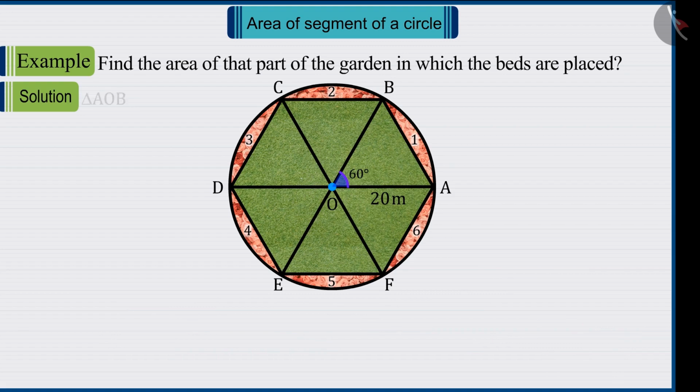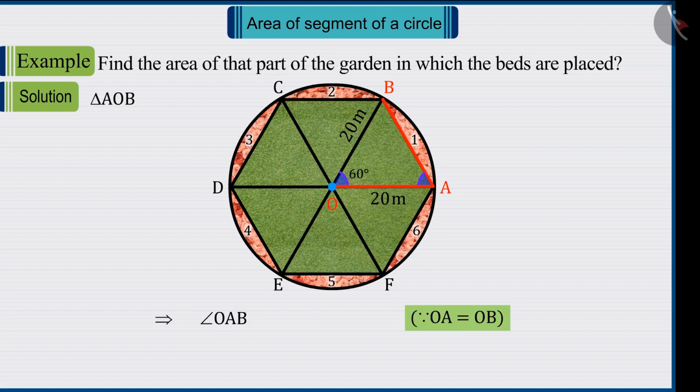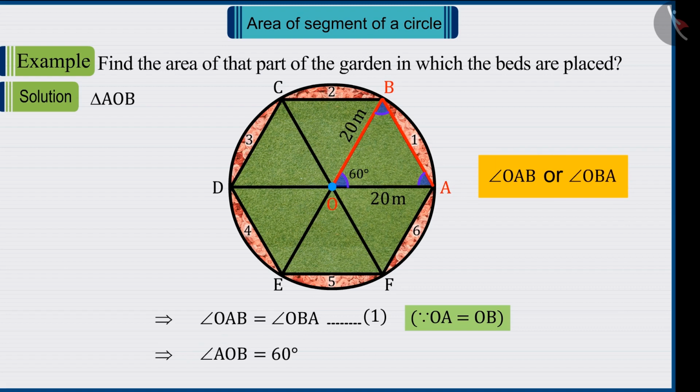Let's now talk about triangle AOB. Here we can see that OA is equal to OB, so angle OAB and angle OBA will be equal. But can you tell what will be the value of angle OAB or OBA?